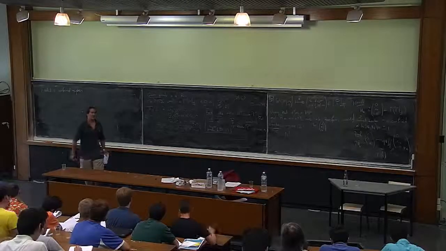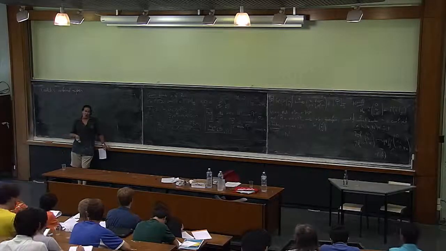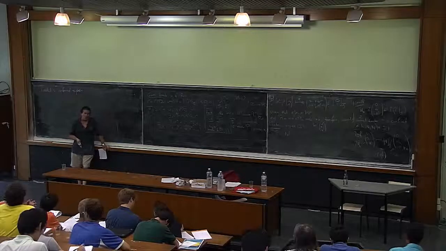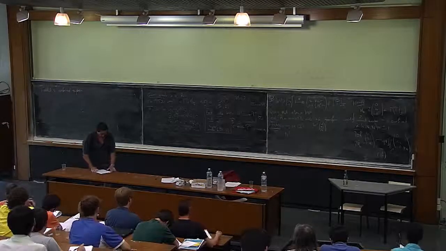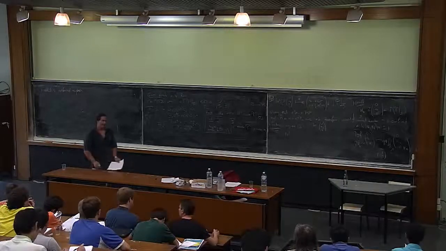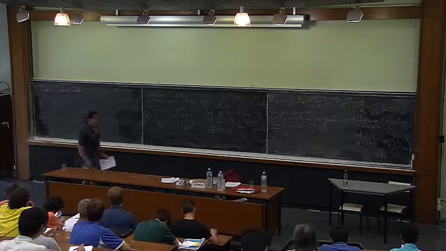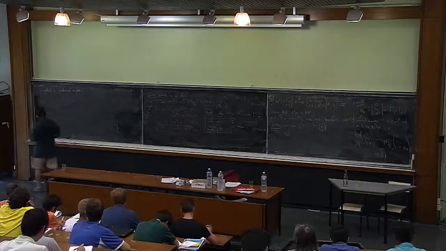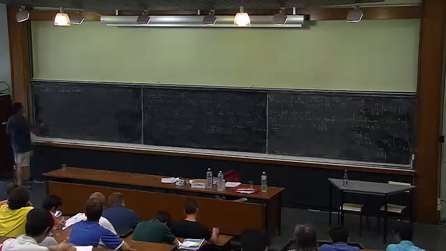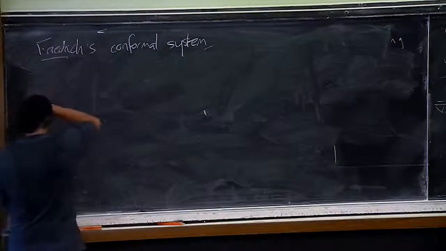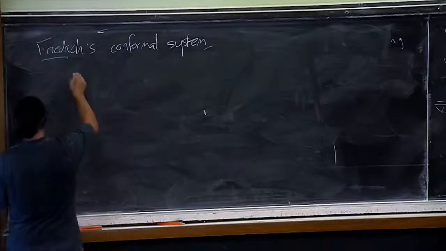He produces a system of equations such that if you solve them, then you get a conformally compact Einstein manifold. This is mainly for those people who perhaps already know about Friedrich's conformal system, because it's pretty well known in relativity. So let's talk about it in the setting of Lorentzian signature. Well, asymptotically flat; the signature won't matter.